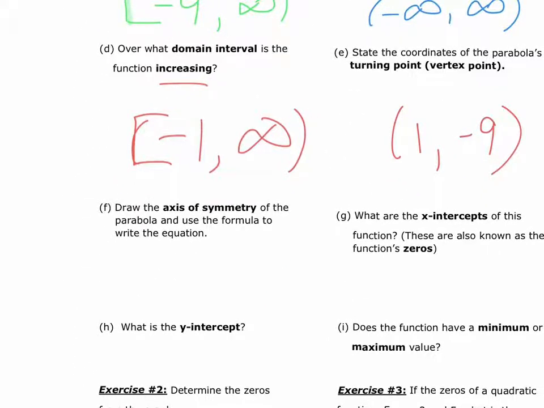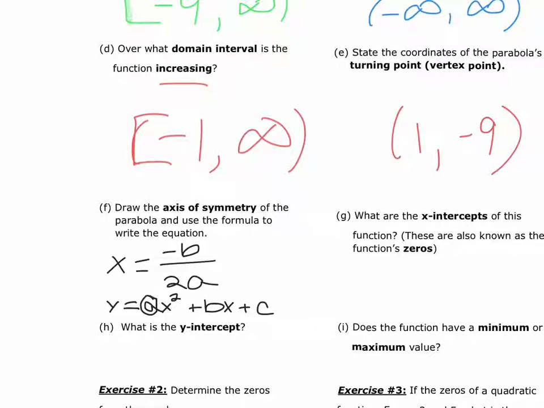So what are we going to do? We're going to use that. Our formula is x equals negative b over 2a. So in our standard form for a quadratic, it looks like this: y equals ax squared plus bx plus c. So whatever value for a goes in the place for a, and whatever our value is for b would go into b. Okay?